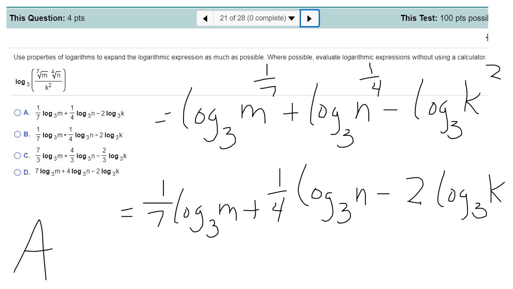And we separate the m, n, and k similar to the previous problems. Since the m and n were multiplied, we replaced that with a sum, addition. Then the k squared was in the denominator, so we subtract that. Moving each exponent in front of the log, we get the correct answer, A.